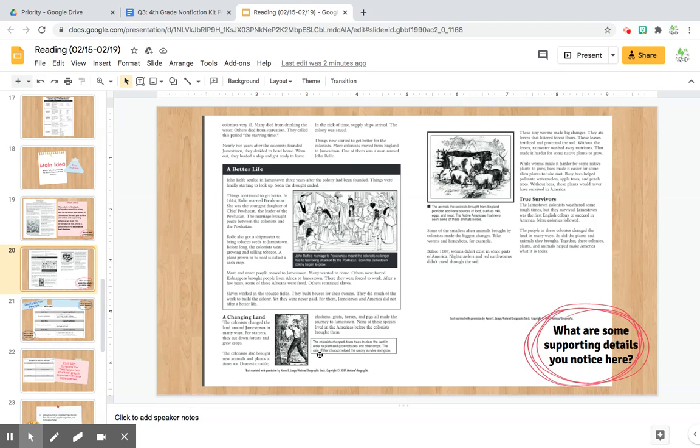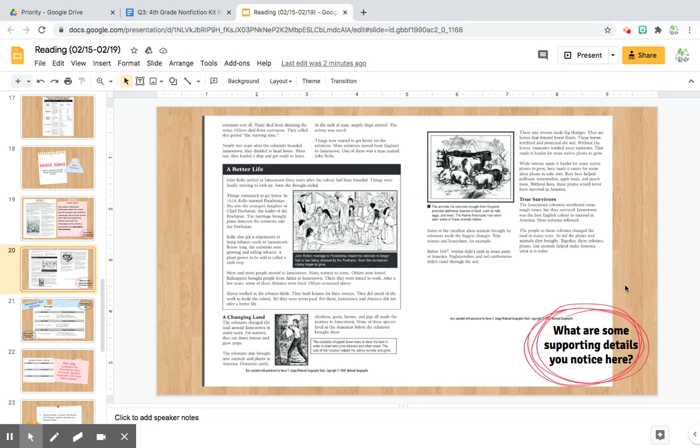Because they brought some of these animals, they did have problems that were caused, changes that some were positive and some were negative here.